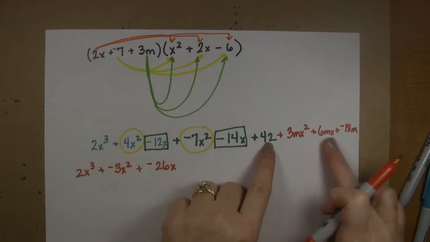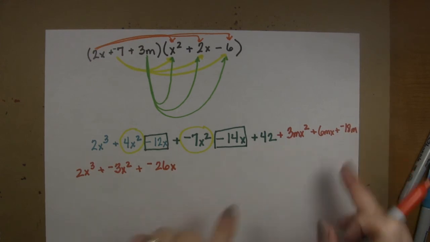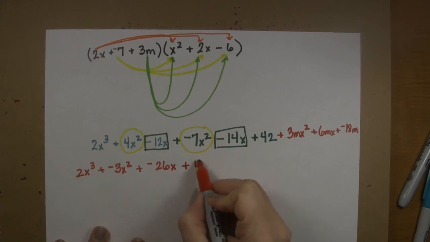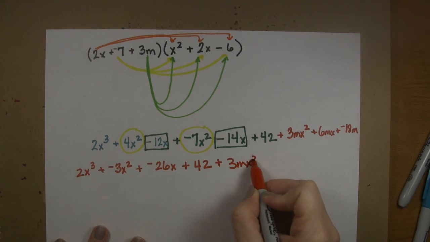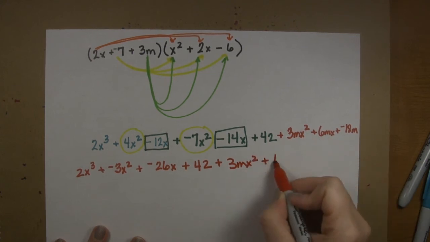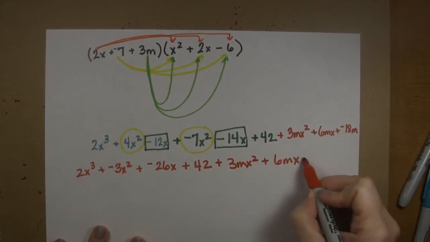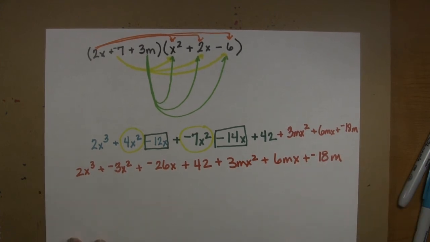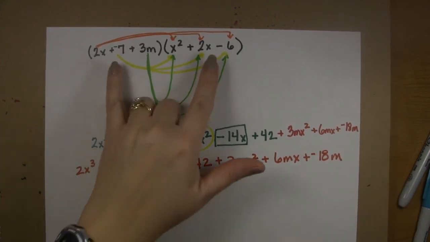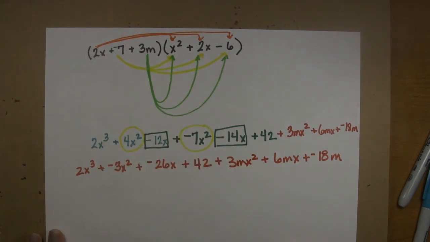I don't have any other plain numbers, and I can't combine any of those. So now I just get to write the rest: 42 plus 3mx squared plus 6mx plus negative 18m. There, I have now multiplied my two trinomials.